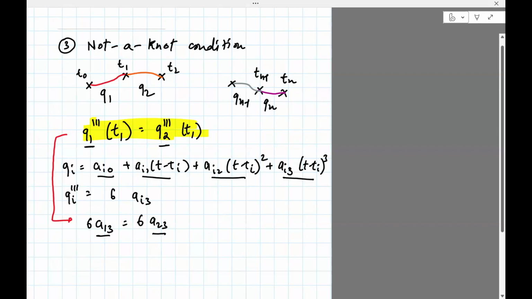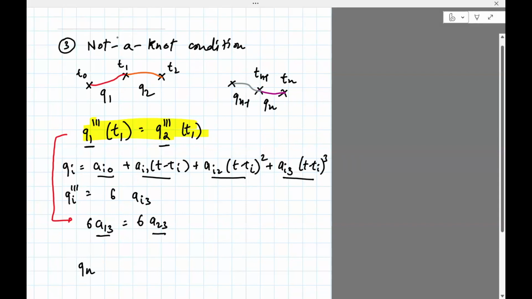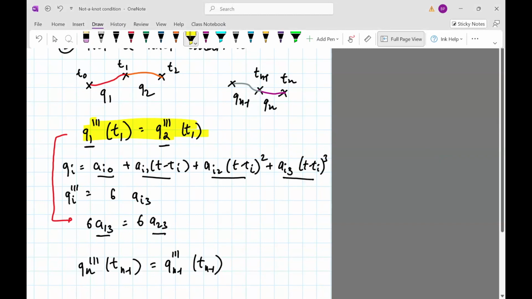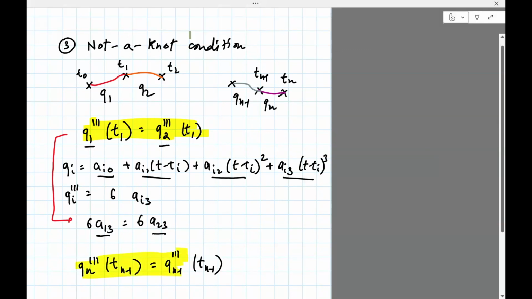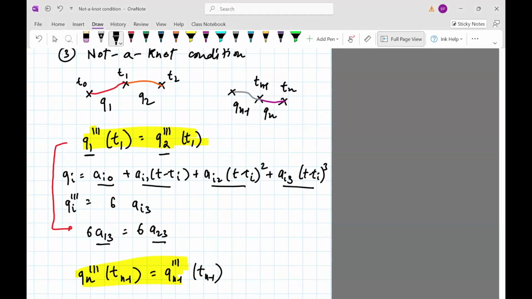So we'll say that qn, third derivative at t n minus 1, is q n minus 1, the previous segment, third derivative at t n minus 1. So that's the second one. Okay, so the question is, why is it called not a knot?